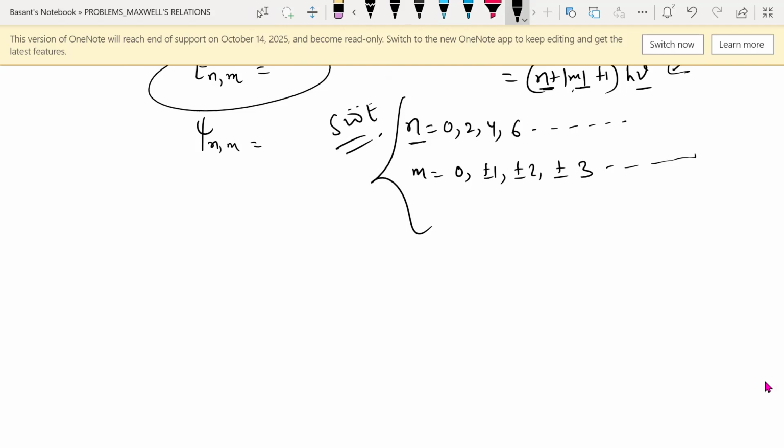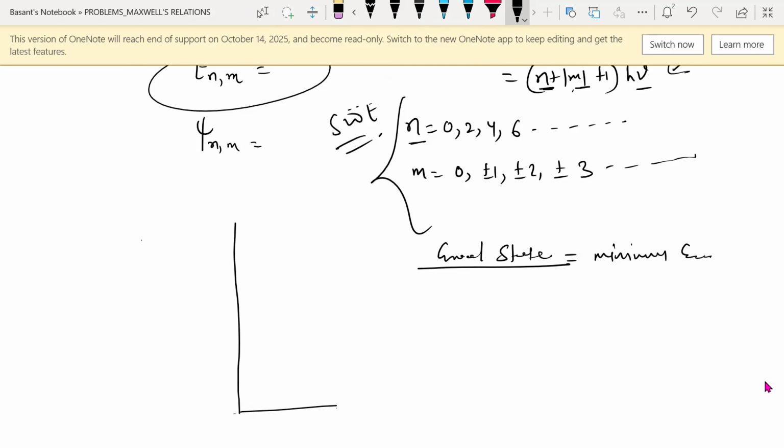Now, the first 5 energy levels are written here, and for this I have taken this diagram. The first is the ground state, that means the minimum energy state.